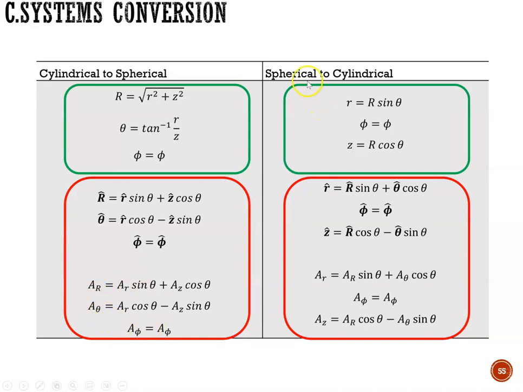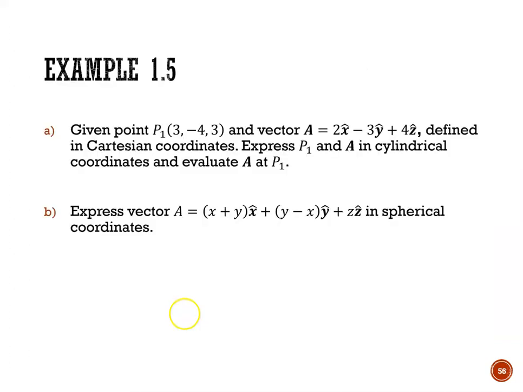So here you have spherical to cylindrical. Cylindrical would consist of r, phi, and z. The one in the green boxes is when you're trying to change the coordinates, and the one in the red boxes is when you are trying to change its vector.